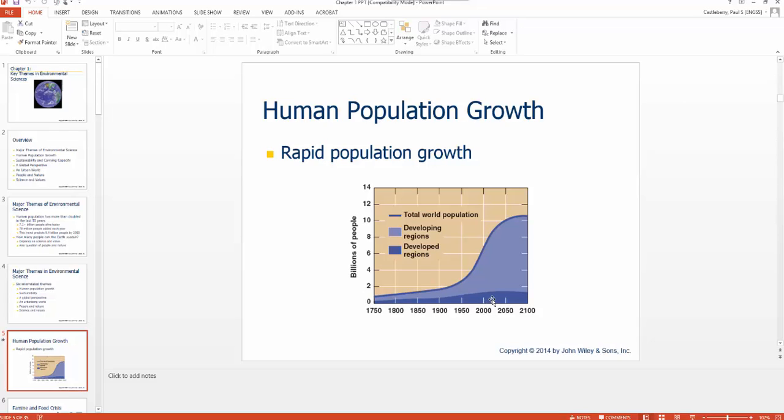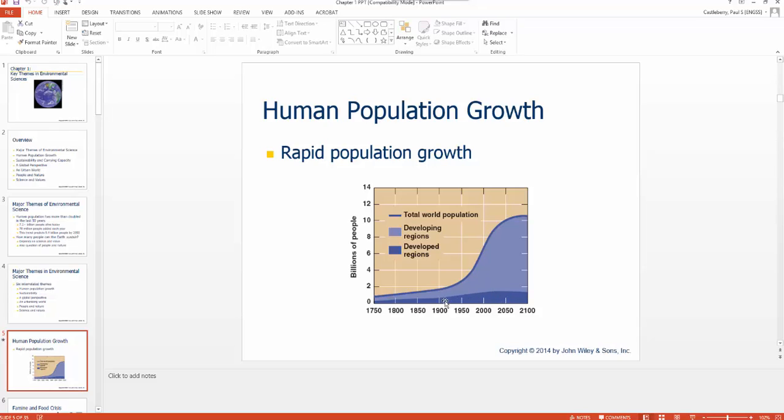Also notice that we have three different colored areas. Down here, the darkest purple is the developed regions of the world. And then this larger, lighter purple is developing regions, such as the continent of Africa, is one example that comes to mind.